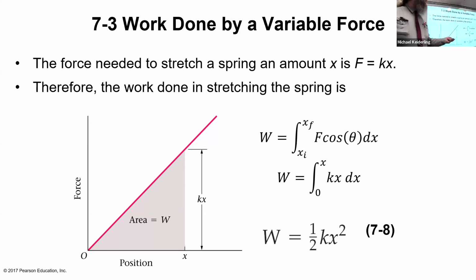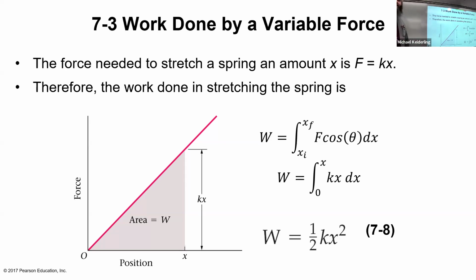So the work done in stretching the string ends up being 1/2 kx squared. And you can also do it graphically like this. And if you go the other way, you have a negative x and a negative force. They cancel out.